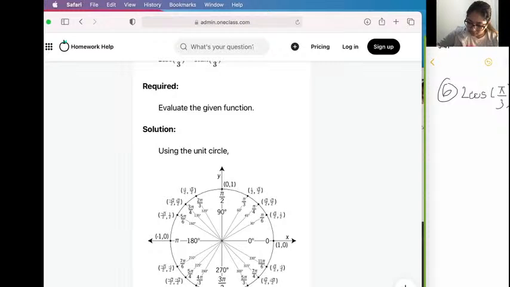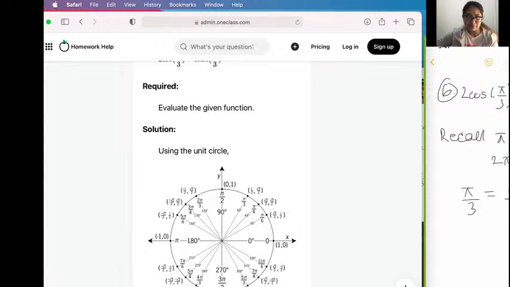Recall that pi is equal to 180, whereas 2 pi is equal to 360. So pi over 3 equals 180 over 3, which is 60 degrees.